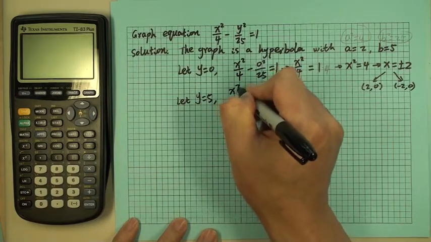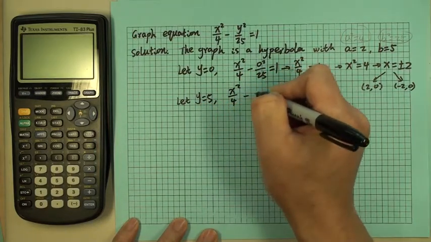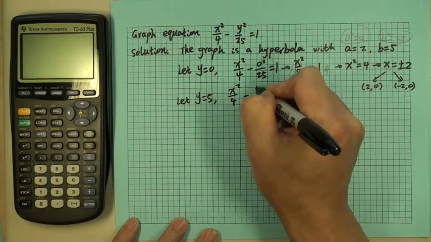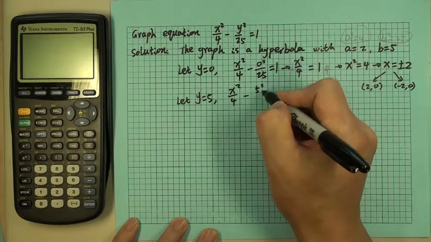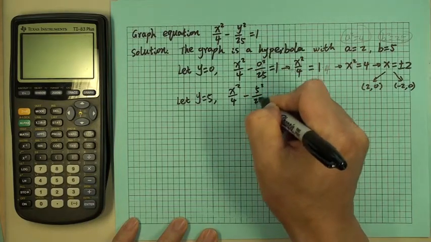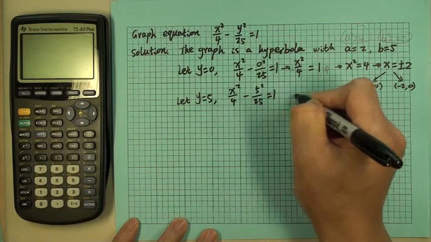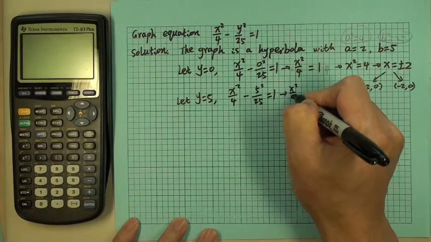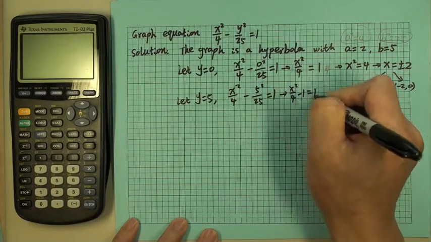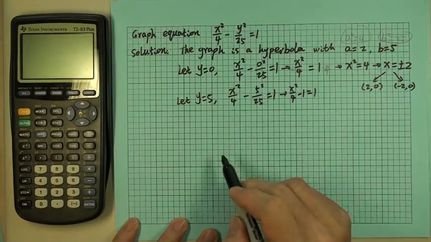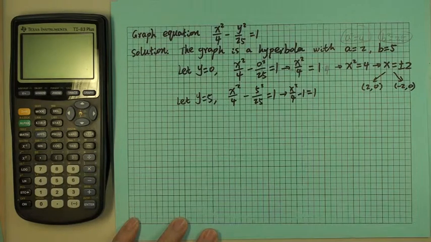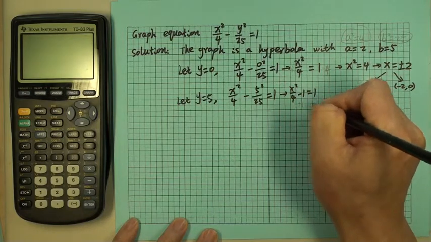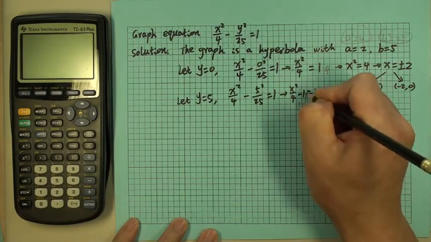Then you have x squared over 4 minus 5 squared over 25 equals 1. Then 5 squared is 25, so you get x squared over 4 minus 1 equals 1. You may add 1 on both sides and cancel the negative 1.